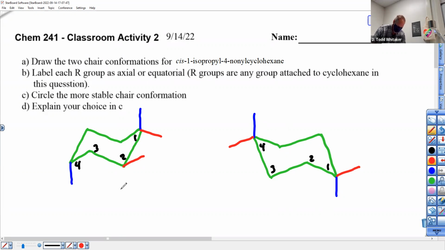Oh, why did I go to carbon 2? Why did I put that there? There's nothing in 2 in this question. Probably left over from last question. Do we agree that's parallel to the 2, 3?